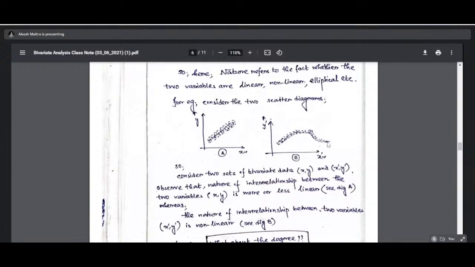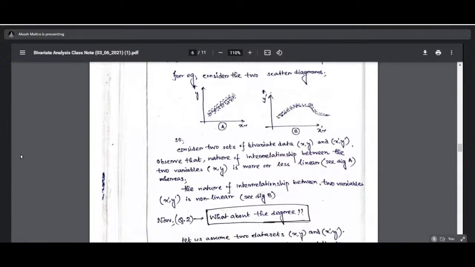But in picture B, there is no guarantee that if x is more, y will be more. Like on the right hand side of the data set, x has the largest value, but y does not have a very large value. In the middle point I have the maximum y value, but it doesn't ensure that the x value will in general be maximum. So these kinds of relationships tell us whether it is linear or non-linear, that is, the nature of the relationship between two variables x and y.